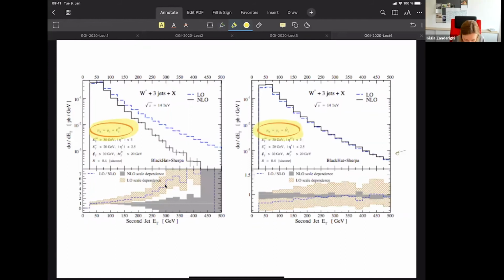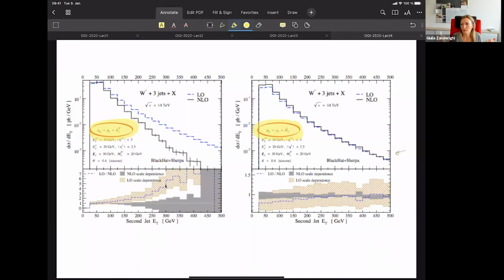That is different. On the left, the choice made is the transverse energy of the W. And on the right, the choice made is the sum of pTs of everybody in the event. And what happens is that the choice on the left is very unfortunate. Why is this unfortunate? Because if you look at the pT of the second jet, what can happen is that the leading and the second jet are very hard.